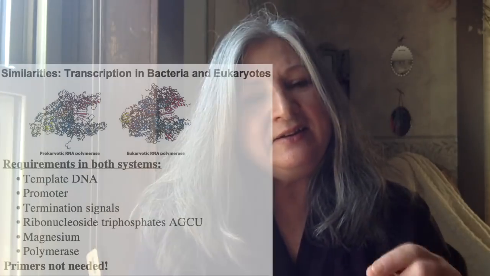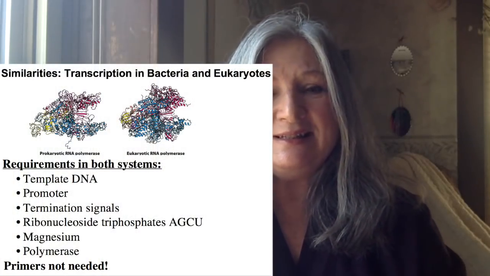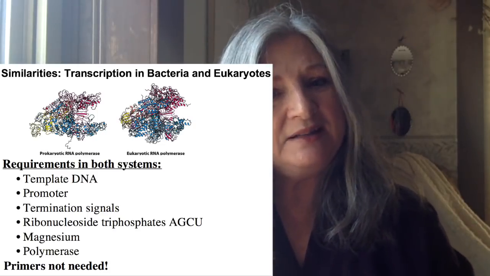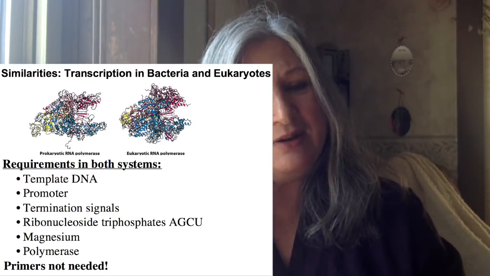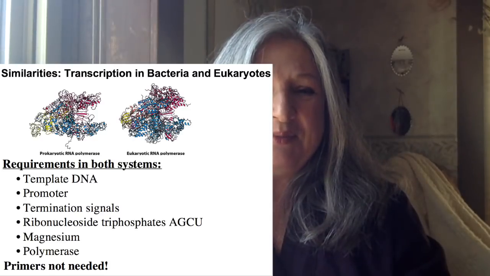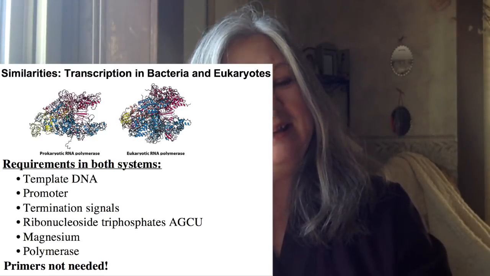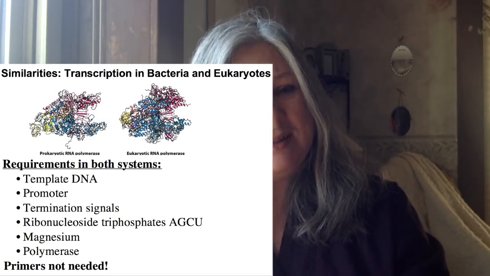We're going to look at the synthesis of RNA in prokaryotes like the bacteria E. coli, and also in eukaryotes, and we're going to use humans as a model system for that. There are similarities and there are differences in these two types of transcription, those in prokaryotes like bacteria and those in eukaryotes like humans. The similarities for both systems are shown here. Both require template DNA that has promoter and termination signals.